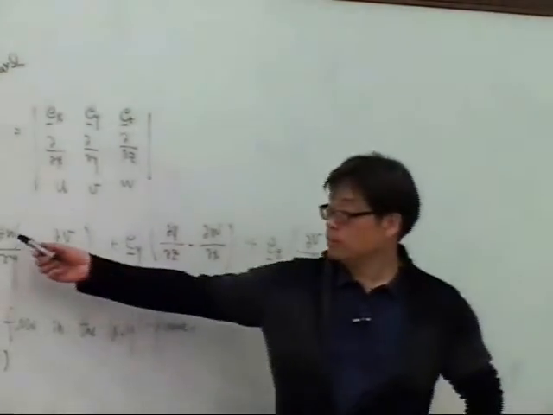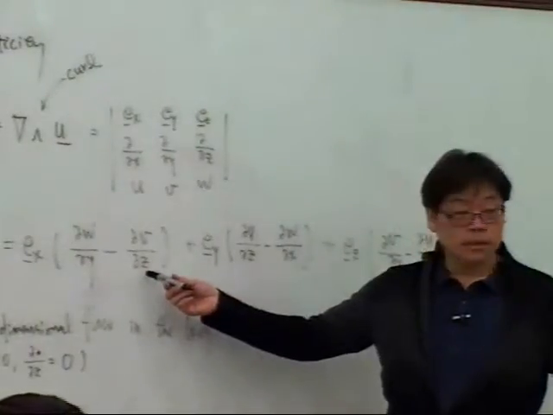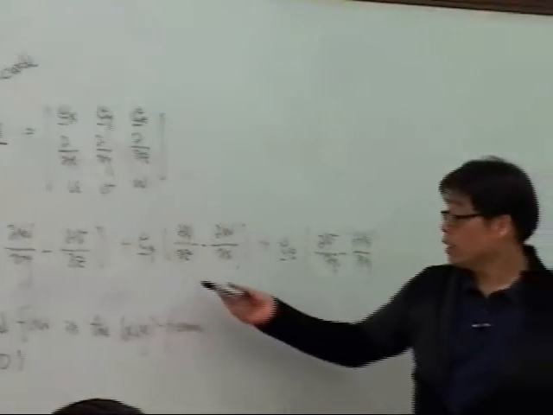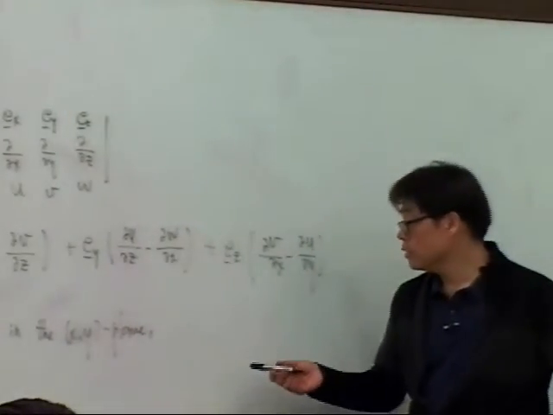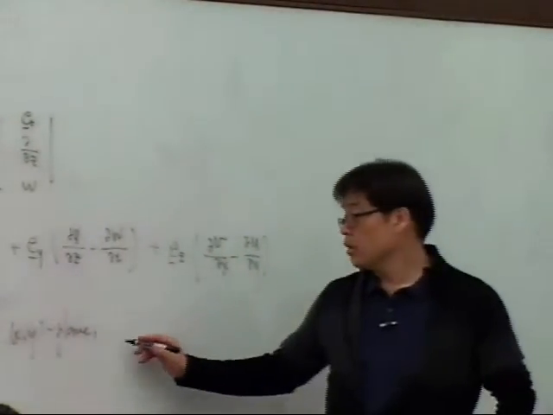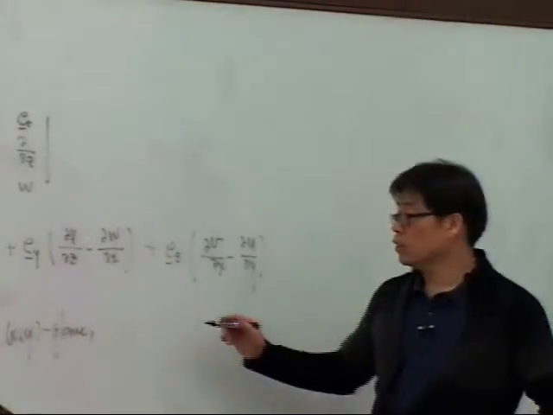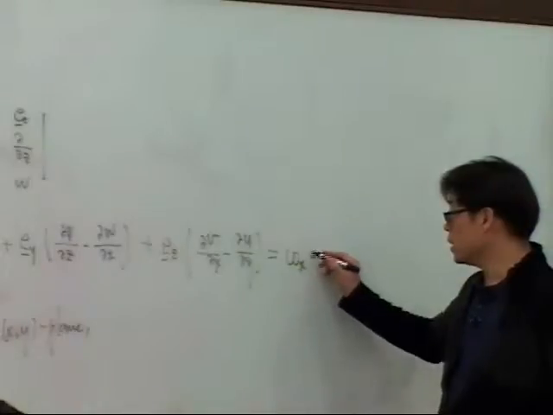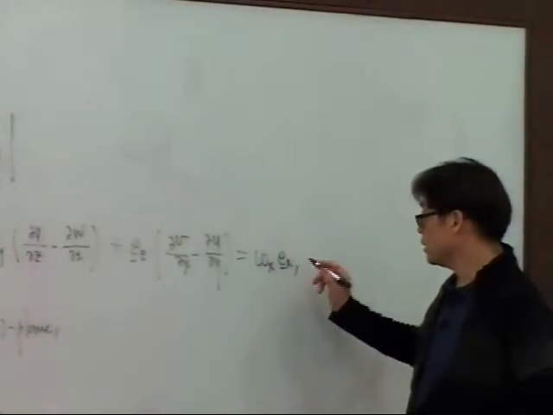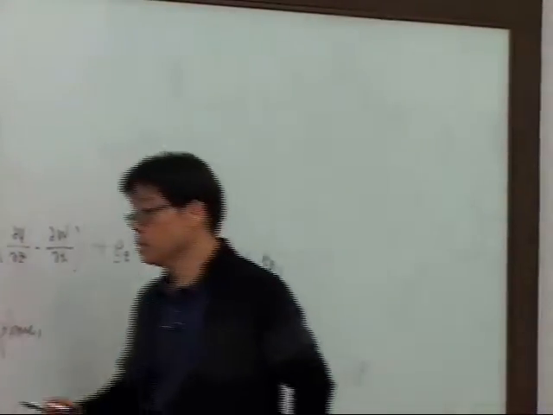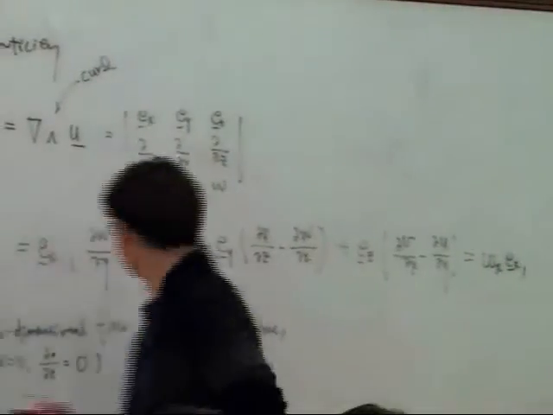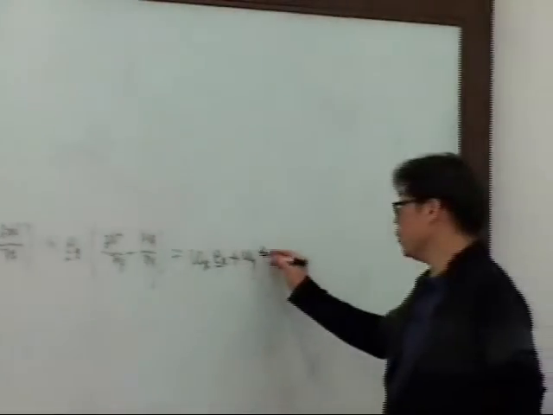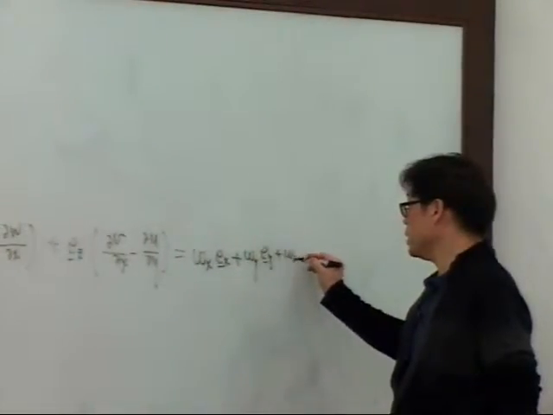And then w is 0, and the flow shouldn't depend on z, so this is 0, this is 0, and therefore you have only a z component. I can write this as omega_x e_x plus omega_y e_y plus omega_z e_z, right?